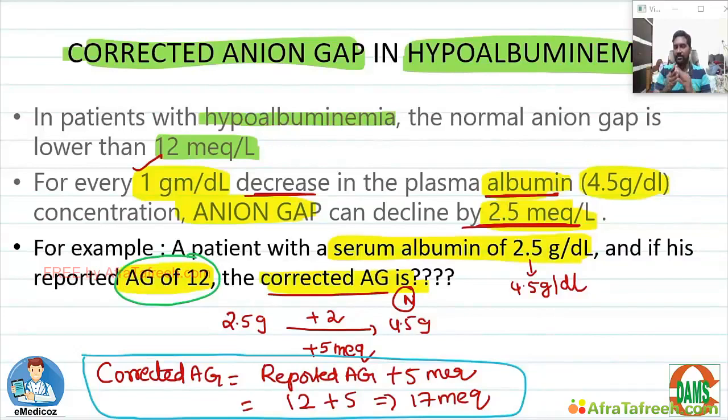But if I standardize it to normal albumin level 4.5 gram per deciliter, now I came to know that his anion gap, if albumin was normal, will be 17 milliequivalent, which is high. So I can think that this patient might be having some high anion gap condition. So most probably it might be a high anion gap metabolic acidosis.